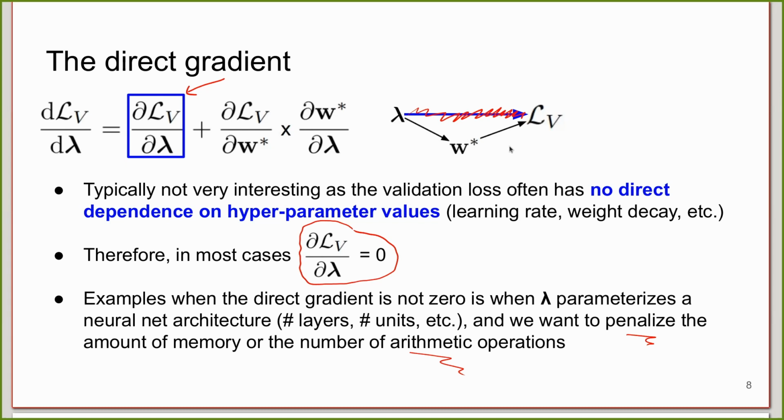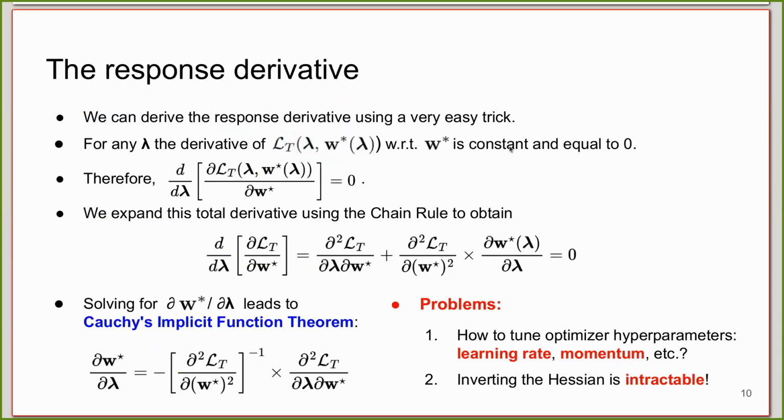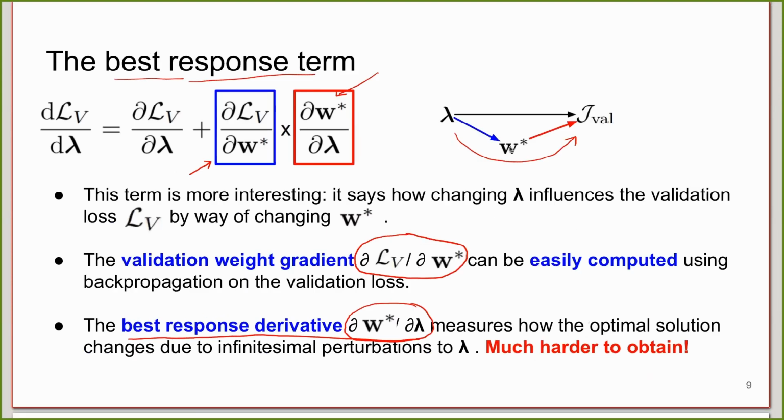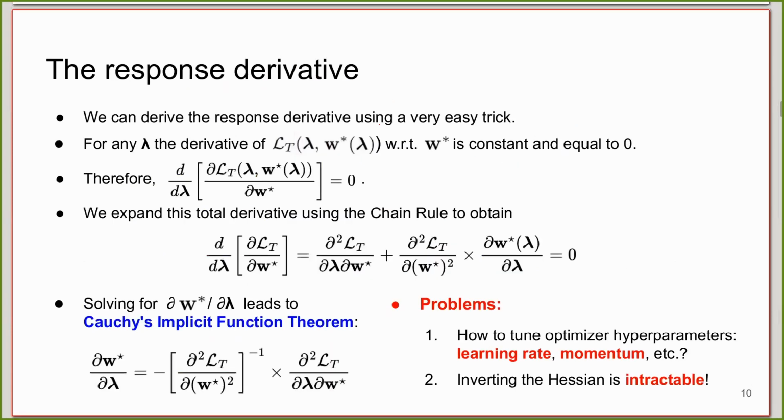Okay, good. So let's try to calculate this tricky term, which is going to be more complicated: the derivative of the optimal weights with respect to the hyperparameters. It turns out that under some conditions, we can actually obtain this derivative.